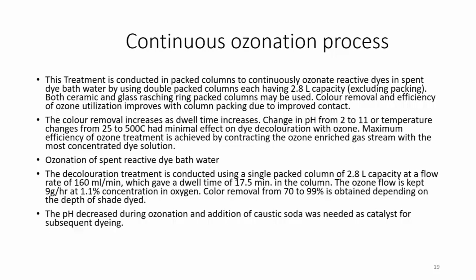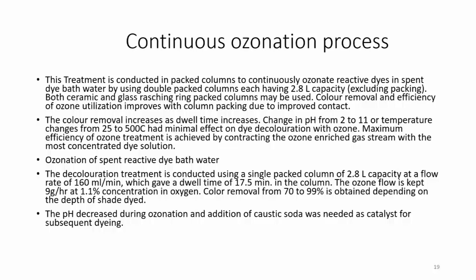So, continuous ozonation process is one of the methods which is adapted at many mills. This treatment is conducted in packed columns to continuously ozonate reactive dyes in spent dye bath water by using double packed columns, each having 2.8 liter capacity excluding packing.